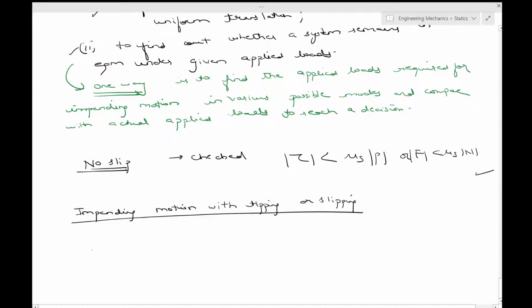So what are we trying to check? Let me put that in green.